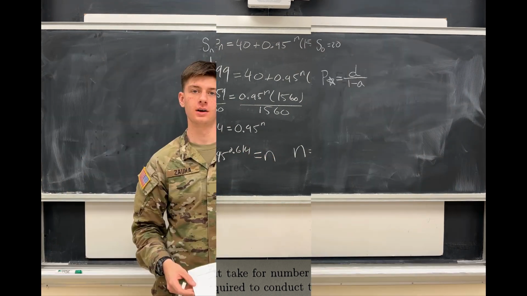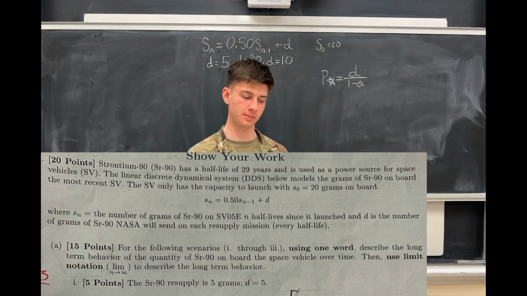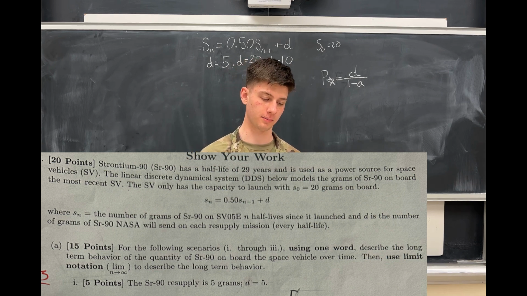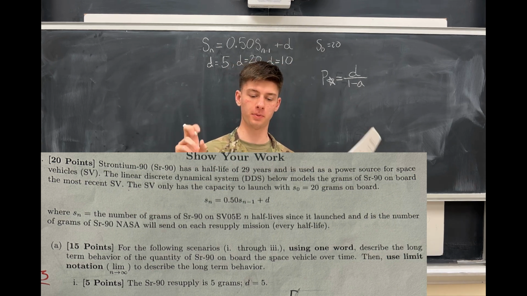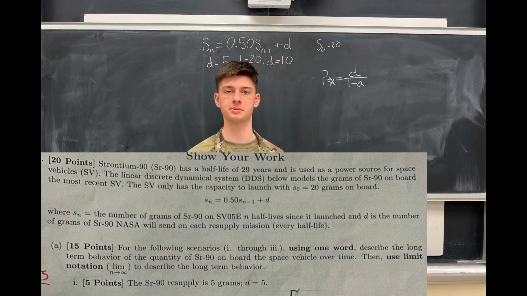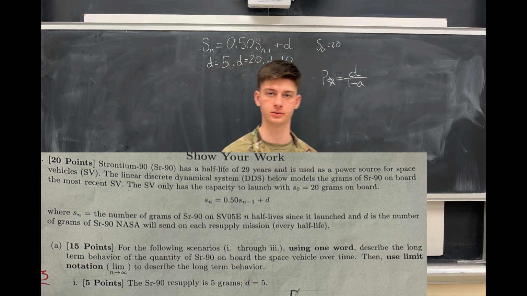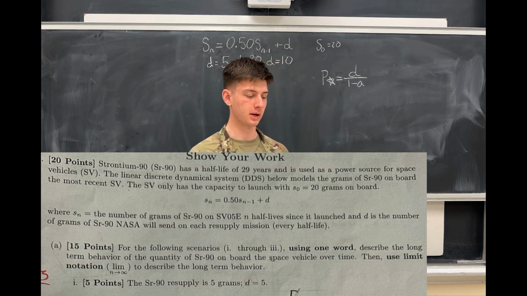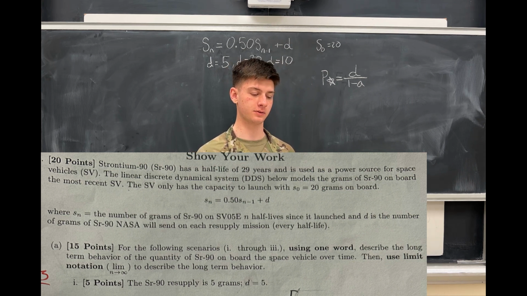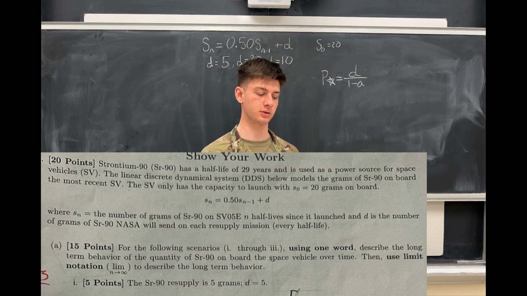You're good to go. All right, we're gonna go into number 2 now, same WPR version alpha. Should have about 4 parts. This is technically part A, B, but A is parts 1 through 3, so it's really 4 parts. Strontium-90 has a half-life of 29 years and is used as a power source for space vehicles.